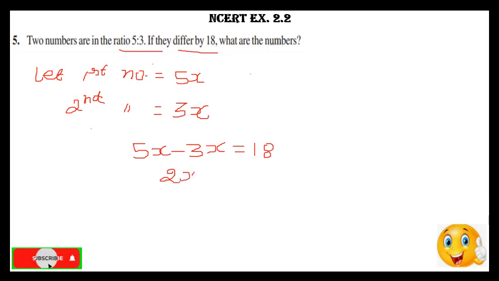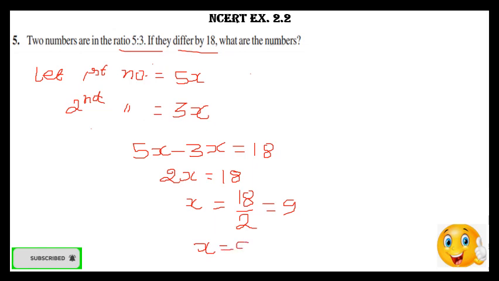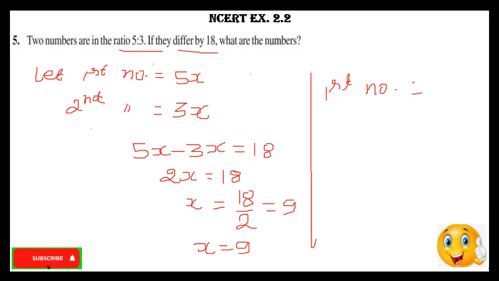2x is equal to 18, and the value of x you can write here 18 divided by 2, and x is equal to 9. So we can find the first number by taking 5 times the value of x, that is 9.